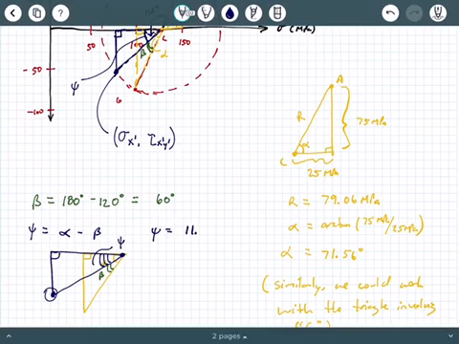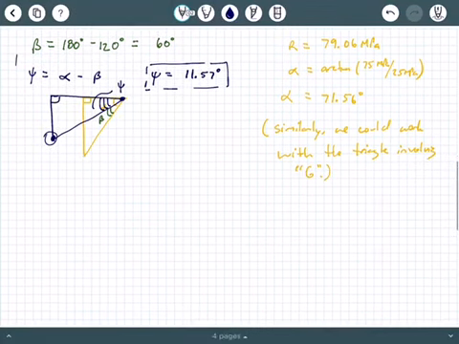So where did we get beta? Beta was this angle right here, beta. So that psi angle is right here, okay? So we get psi equals 71.56 minus 60 degrees is 11.57 degrees.